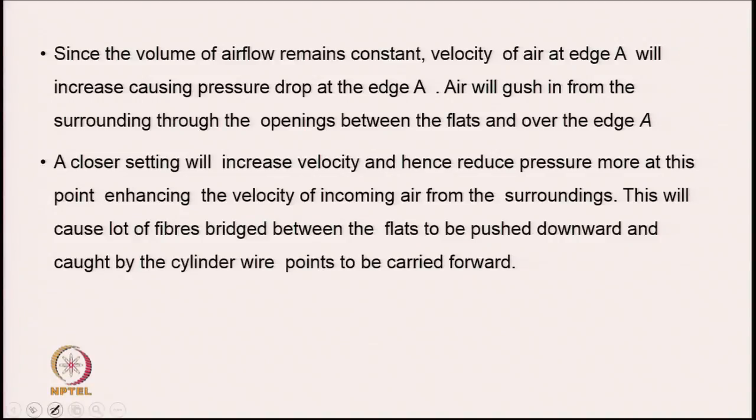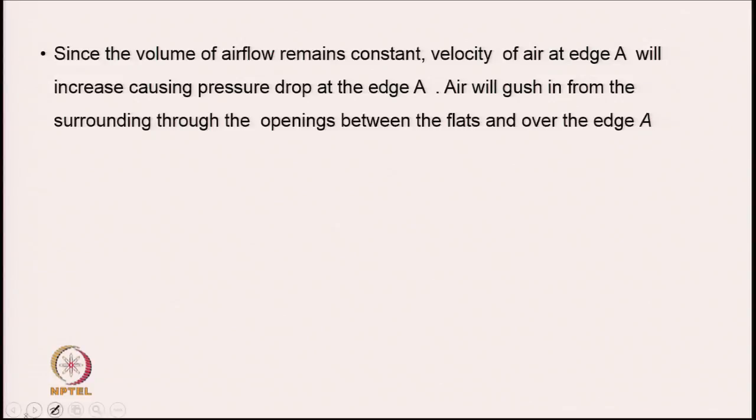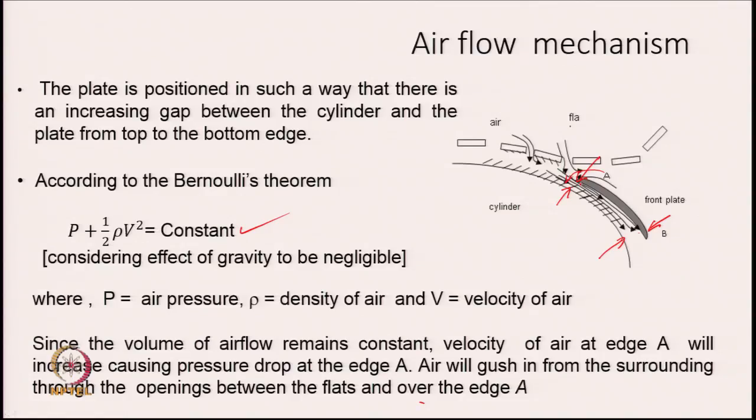That is, if I go back, since there is a drop of pressure here, air will enter from this side and whatever fibers are breaching between the flats, see the spaces between the flats will be connected by some fibers, we call them breach fibers.